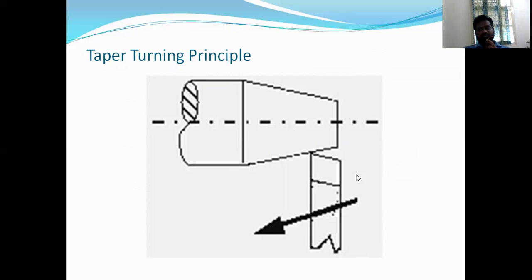So both have some inclination. This is the basic principle for producing taper shapes on the workpiece. To produce taper shapes, the cutting tool has some desired inclination. With that inclination, we move our cutting tool onto this workpiece, and with that movement we get the taper shape on the workpiece.